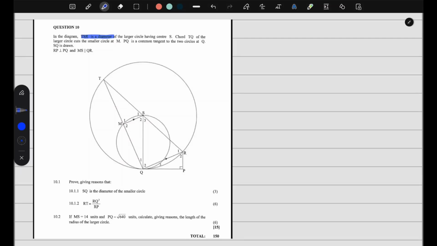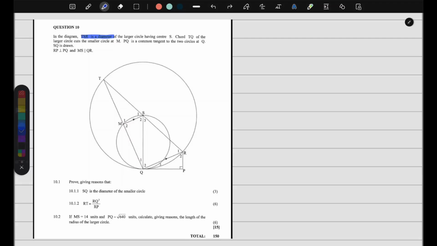PQ is a common tangent to both circles. So PQ over here is a tangent to the small circle and the big circle. And RP is perpendicular to PQ. And MS is parallel to QR. That's all indicated on the diagram.